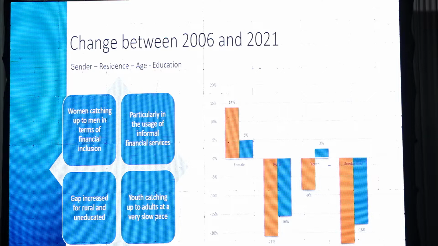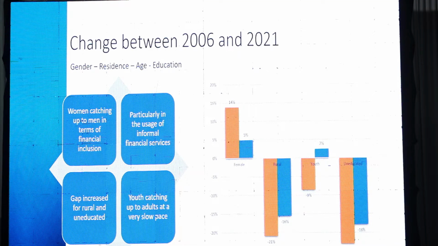So in the same way, we can see that other categories like rural dwellers, the score grew, for example, 21% less compared to urban dwellers. And here this indicates that rural dwellers still lag behind compared to their urban counterpart.